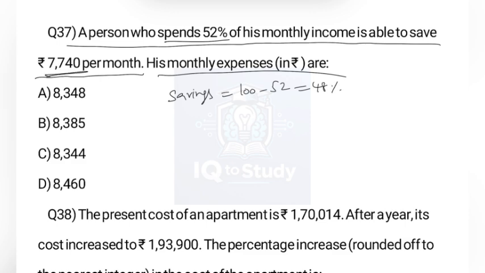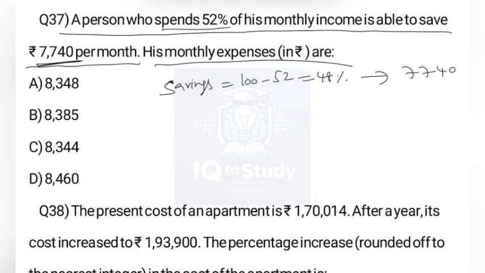According to the question, 48% is 7,740. Find monthly expenses. So 52% is equal to 52 into 7,740 divided by 48.